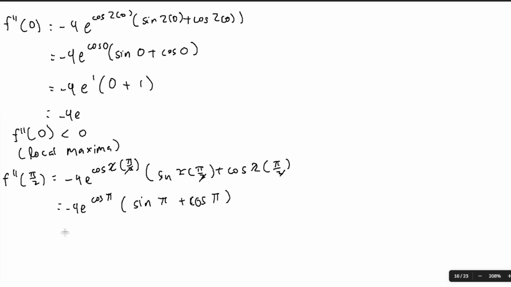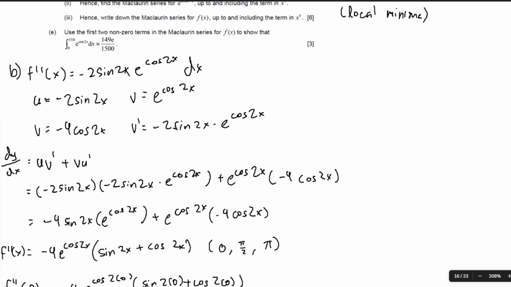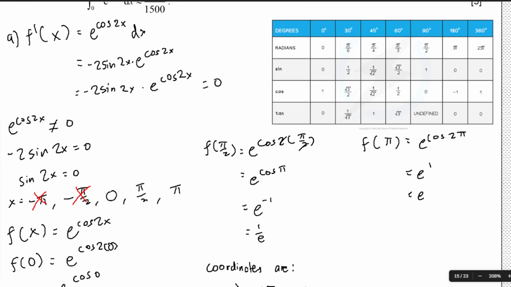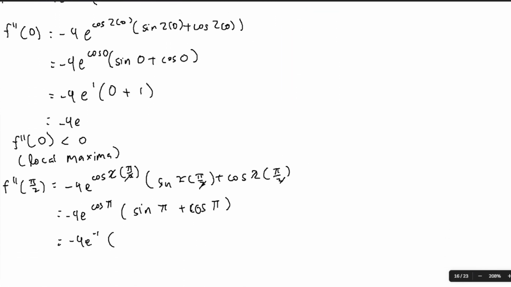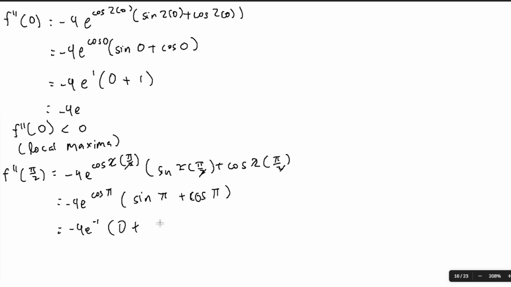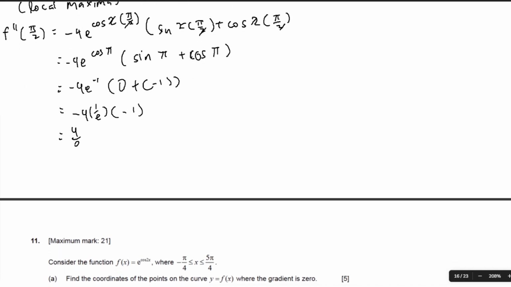Cos pi is minus 1, and sine pi is 0. Then we would be left with minus 4 times 1 over e times minus 1, which would leave us with 4 over e.